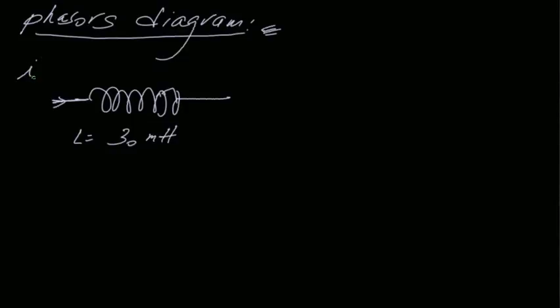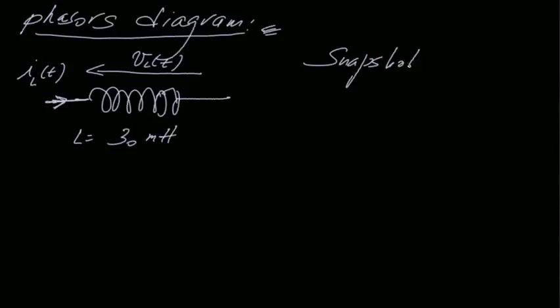Let's assume that there's an IL of t, and there is a VL of t, just like I have in this drawing here. Now, in AC, drawing arrows for voltages or currents is absolutely meaningless, but we can assume that this is a snapshot during 1/2 of a cycle, of a sinusoidal cycle.